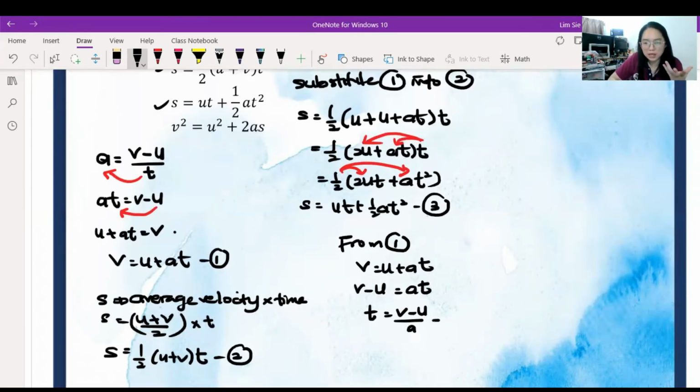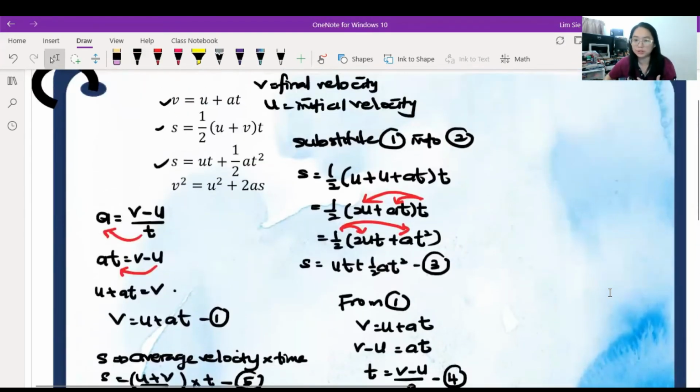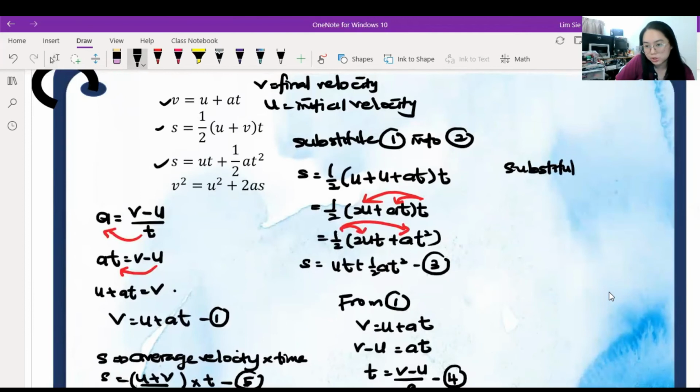I'll put this into my fourth equation, then this will be my fifth equation. So I substitute 4 into 5.